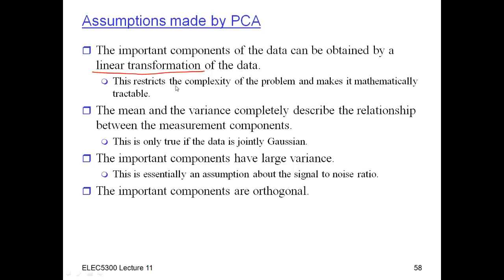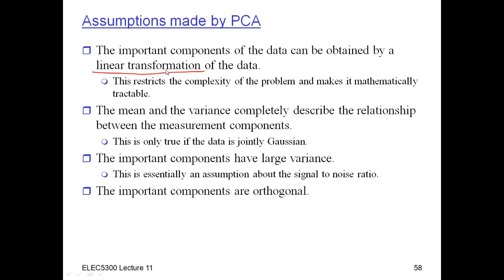And so it says that, well, the data lives in some subspace, but that's a linear subspace. It's all like a line or a plane. It can't be anything curved in the original data space. And that is probably not true in many cases. In some cases, it may be a good approximation, but the question may be, well, how could we find a nonlinear version of this? But that's beyond the scope of this class.